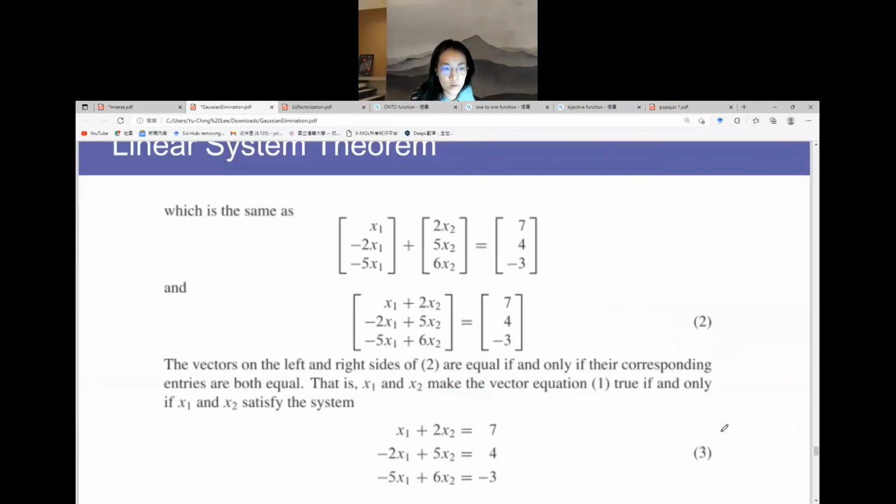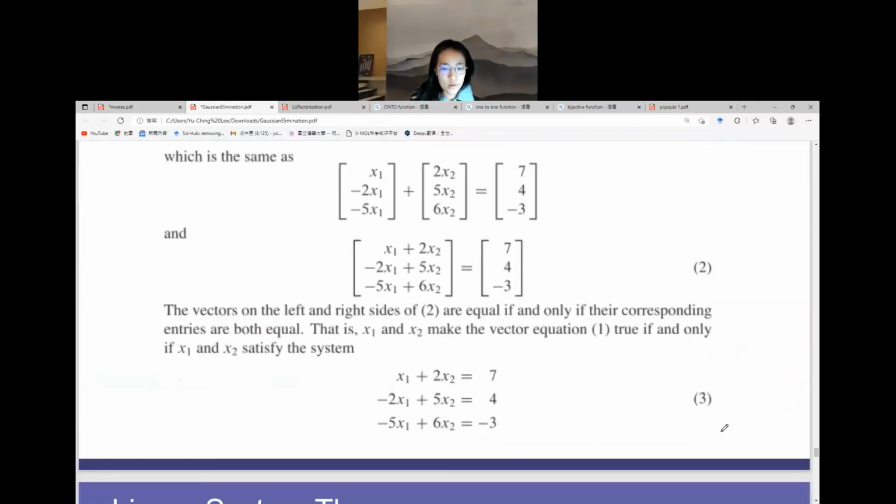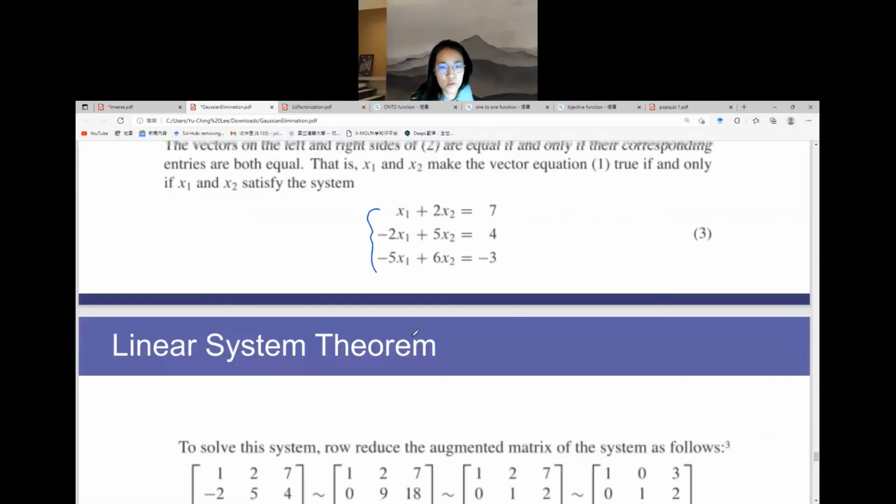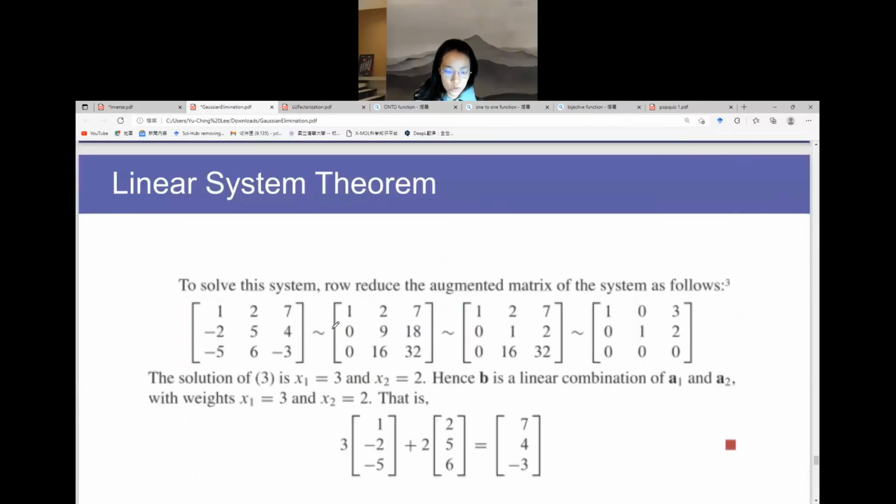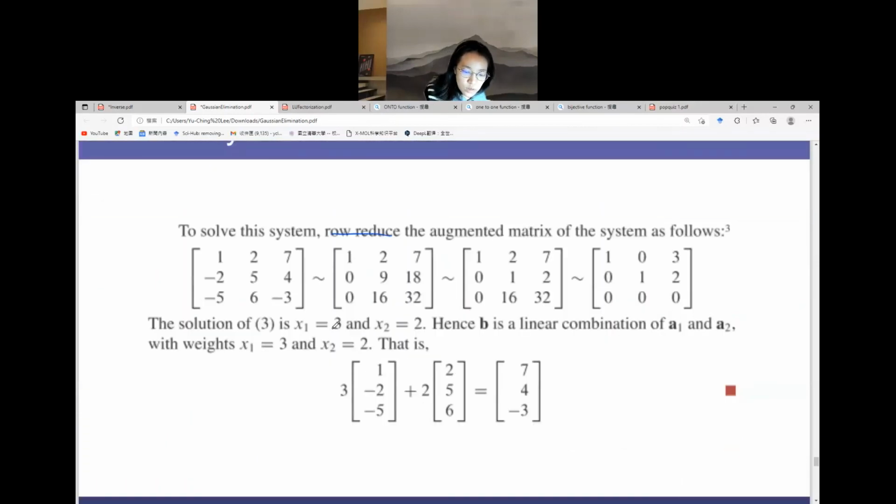Okay, so in any case, eventually we aim to solve a system like this. This is a system we want to solve. To solve it, we can reduce the augmented matrix by putting the right-hand side b right next to the A matrix. So this is the A matrix, and this is the b vector.